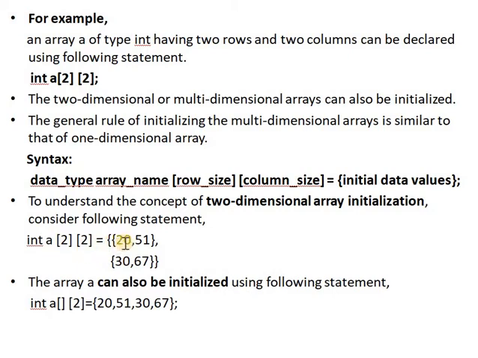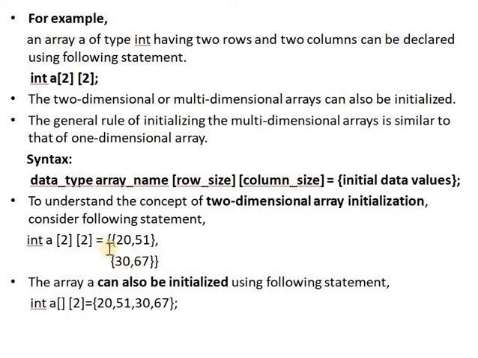For example, 20, 51, these are values for the index elements. The value 20 is initialized for memory location 0, 0. Next, the value 51 is assigned for memory location 0, 1.